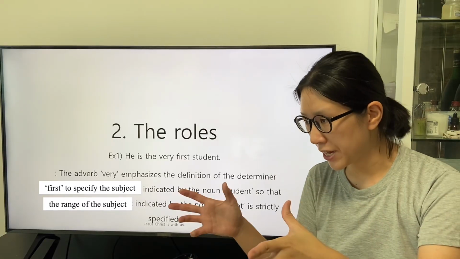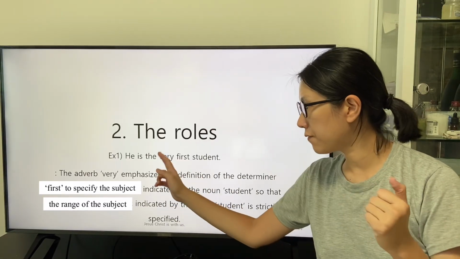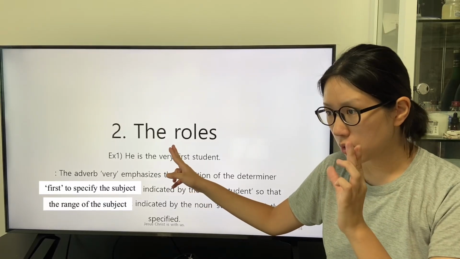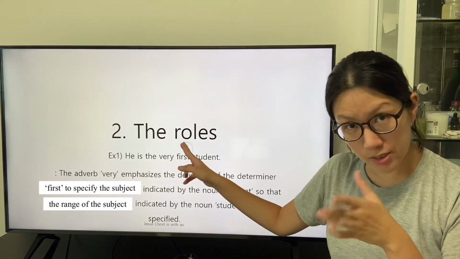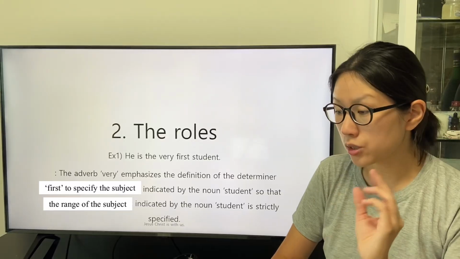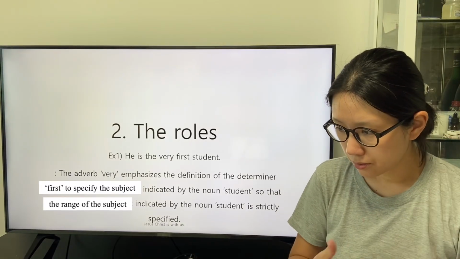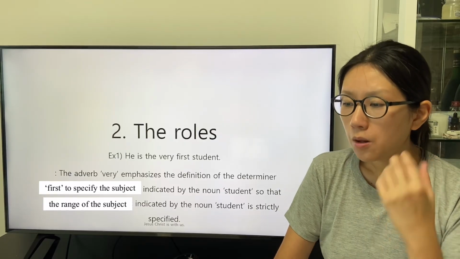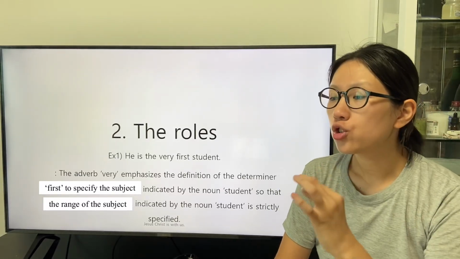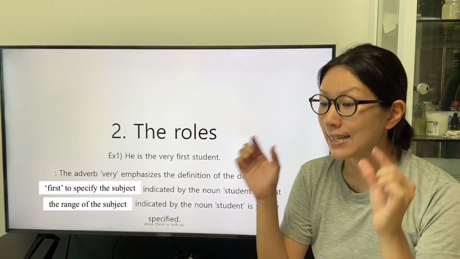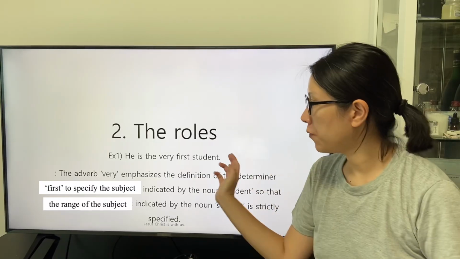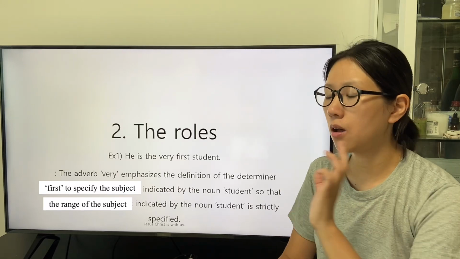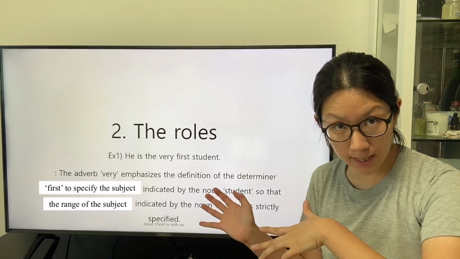The specification by the definition of the adverb very for the definition of the determiner first is applied to set the range of the indication by the general noun student more sophisticatedly.